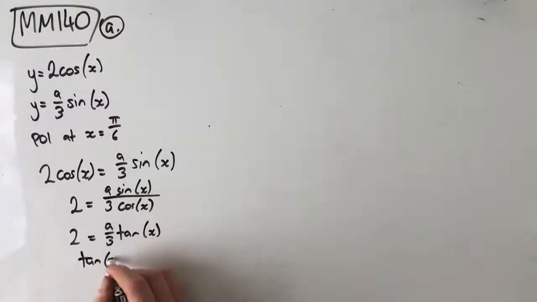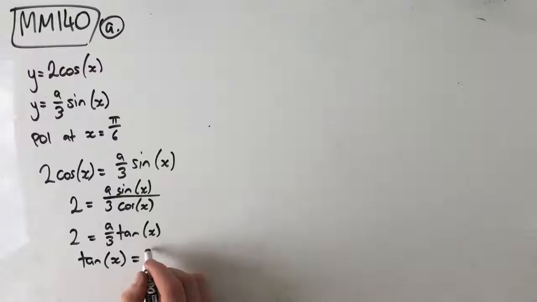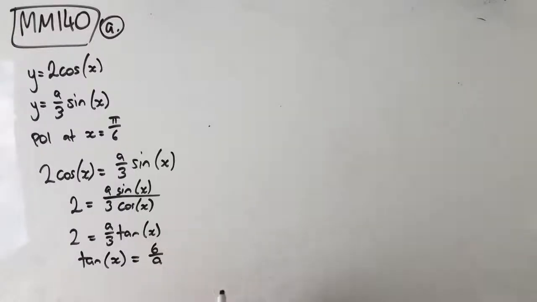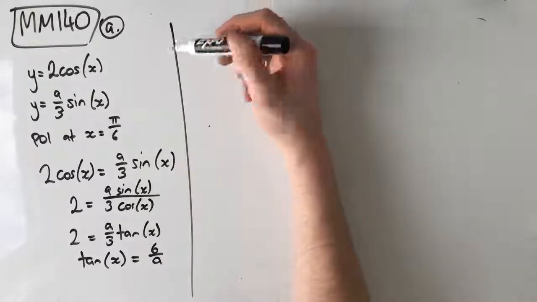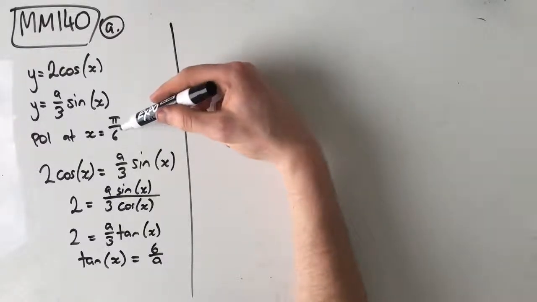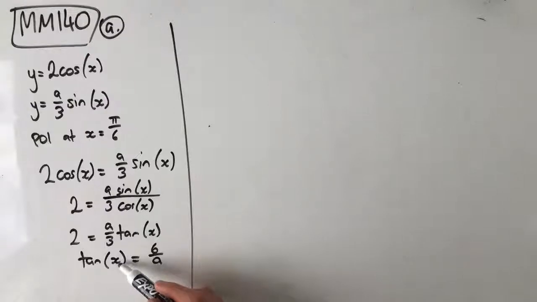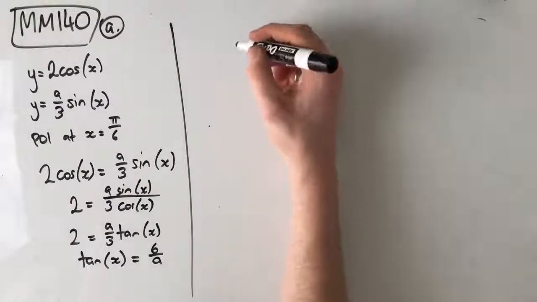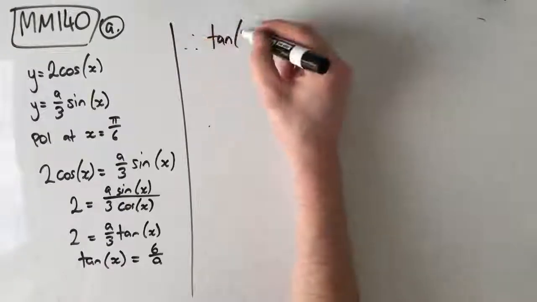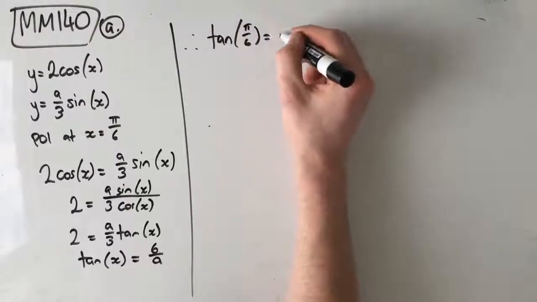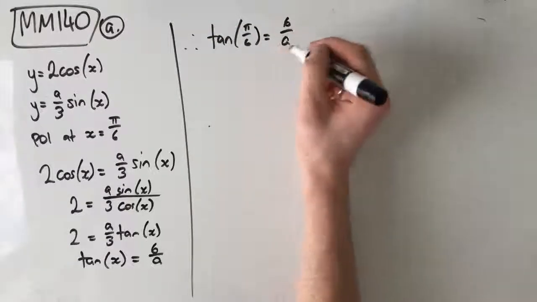Dividing both sides by a over 3, we get tan x equals 6 over a. And we also know that the point of intersection happens at x equals pi on 6, which means we can sub in x equals pi on 6 for this x and find our value of a. So tan of pi on 6 equals 6 over a.